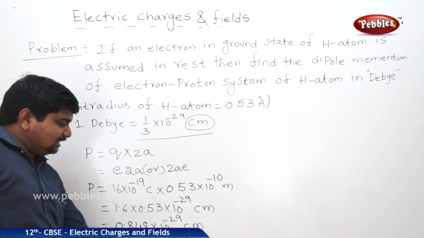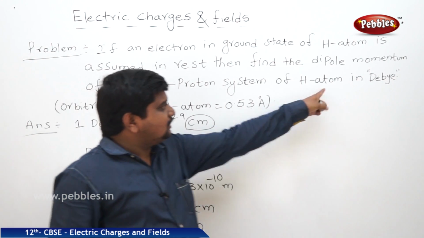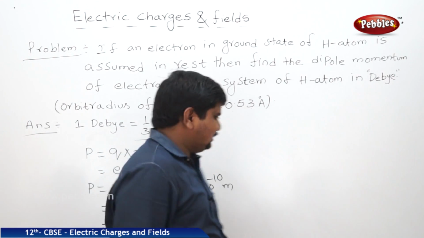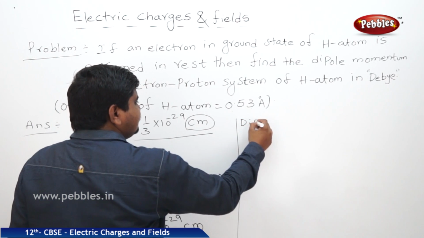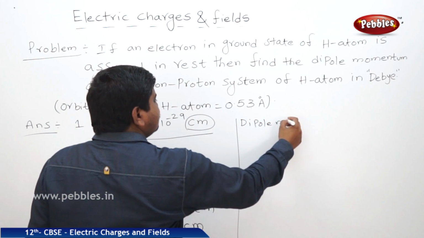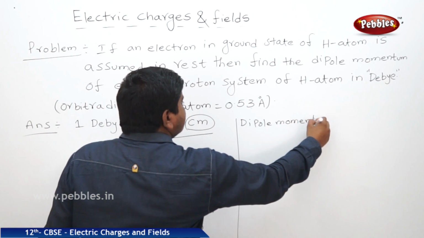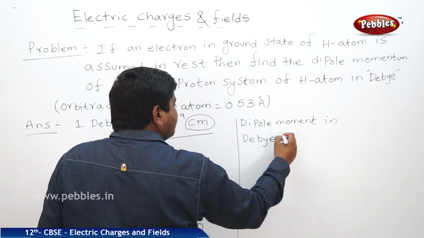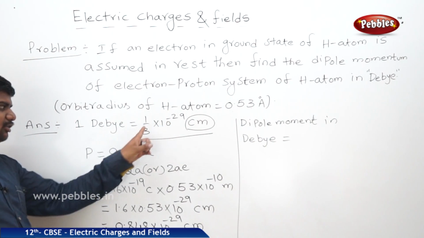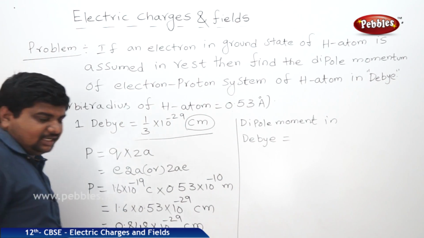The answer we got in coulomb meters, but see the question, we should find out in Debye. Therefore, dipole moment in Debye is equal to, 1 Debye is equal to how much? 1 by 3 into 10 to the power of minus 29 coulomb meters.